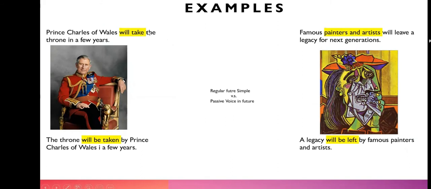So we're going to change the throne, our object, to the beginning of the sentence. The throne will be, future and verb to be, taken, our verb in past participle, by Prince Charles of Wales in a few years. See the difference? See how you change the throne, which is our object, to the beginning of the sentence.